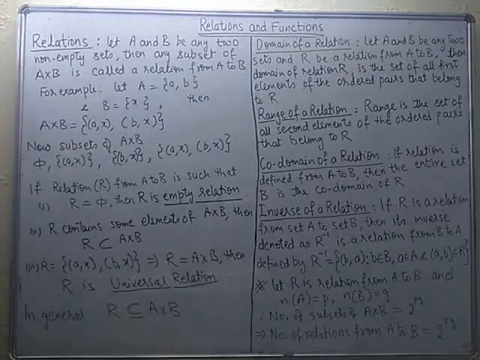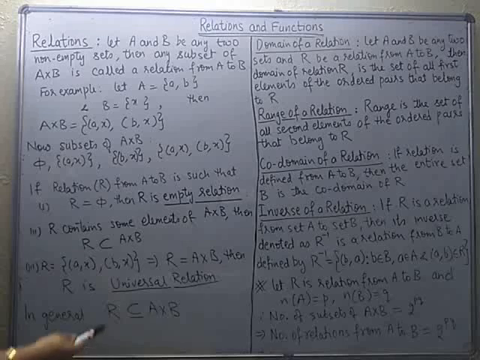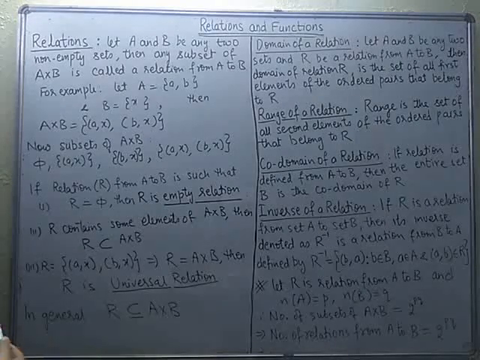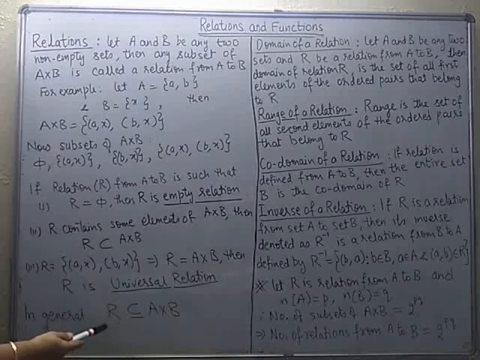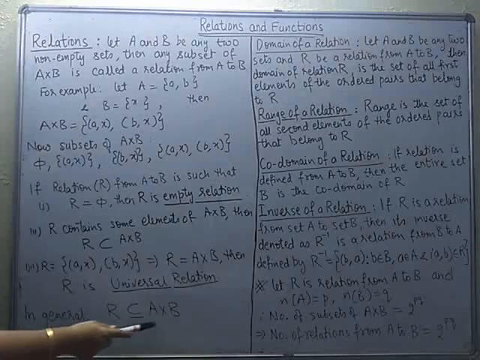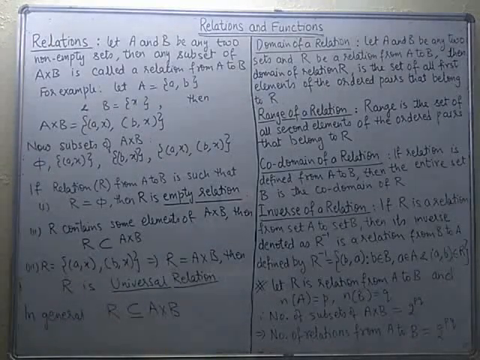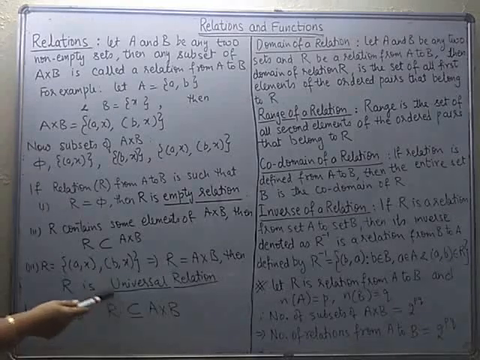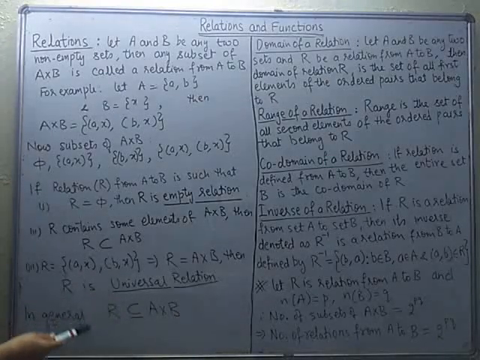Maybe the relation is defined in such a way that it is equal to A cross B also. This will include null set also, because we know null set is subset of every set. Okay. So in general, if you see, relation is a subset of Cartesian product A cross B. So what all ordered pairs will come in A cross B?